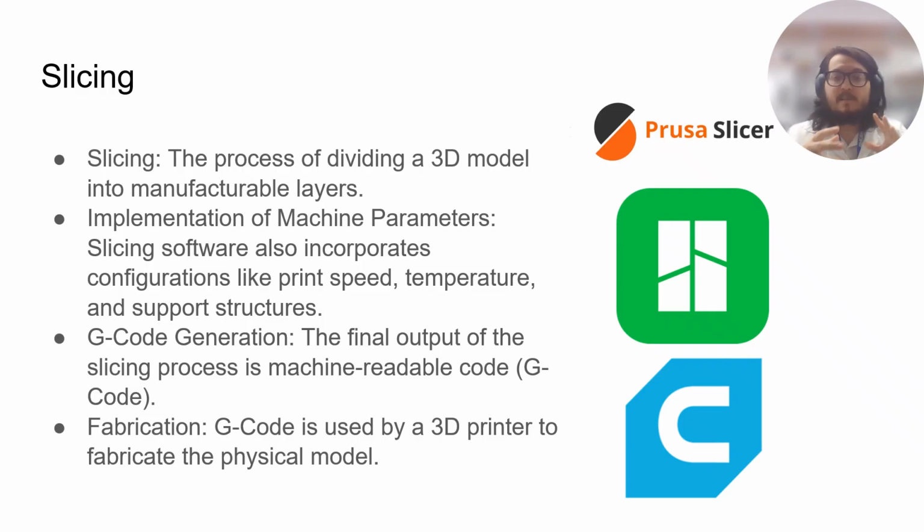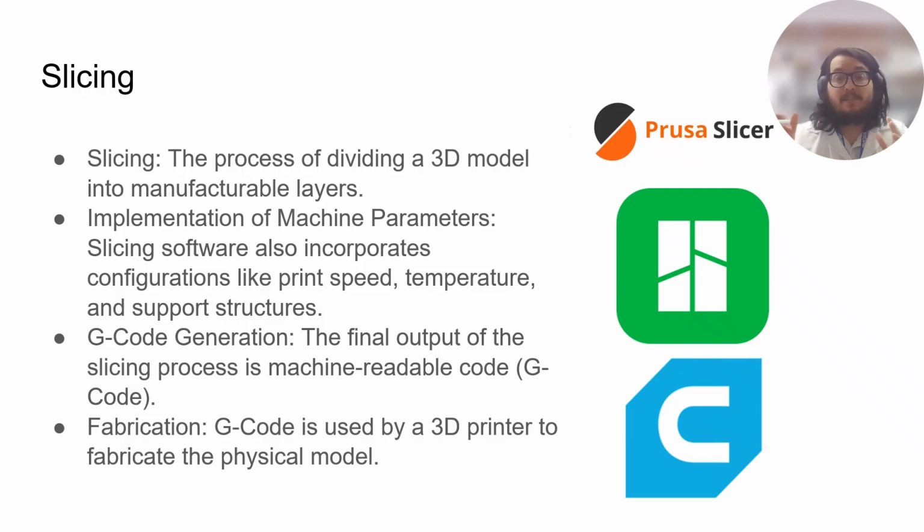And it's somewhat similar to that. We take this 3D model file, usually an .stl, .3mf, or .obj file, and we slice it and create steps and instructions on how to create this, which is the G-code.